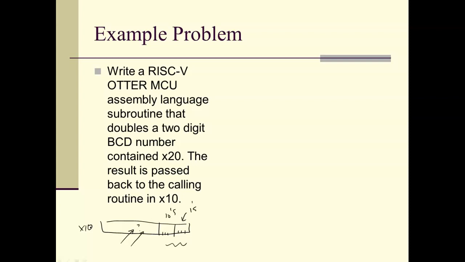If it's 10 or greater, then I have to adjust the next digit upwards, and I do that by subtracting 10 from the current digit and then adding a 1 to the digit above it. So it's exactly like doing addition like you did in 2nd and 3rd grade. You add it, and you got a carry. So you have a carry to deal with in this problem, and you have to deal with it accordingly in code. It's not done for you.